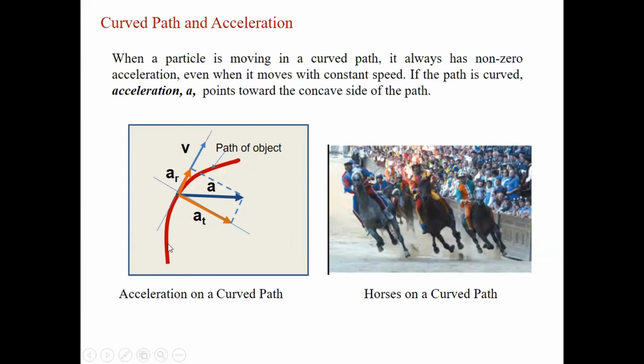The curved path is this red marked line, and the velocity vector is in this direction. Acceleration is the total vector shown here. It has two components, the radial part and the tangential part. We can also see that when horses are moving on a curved path, they tilt towards the concave side, towards the center of the path.